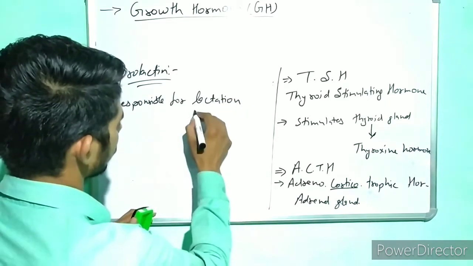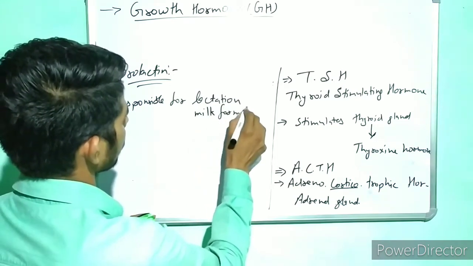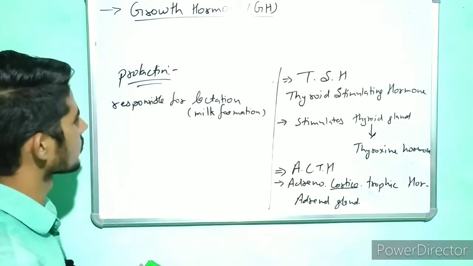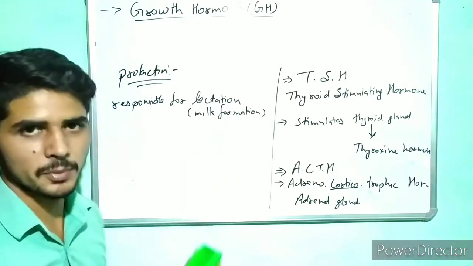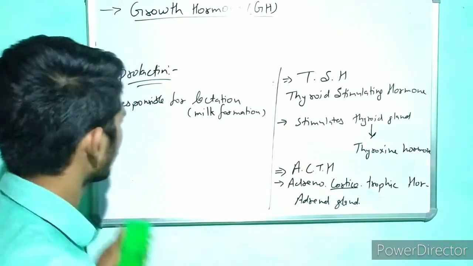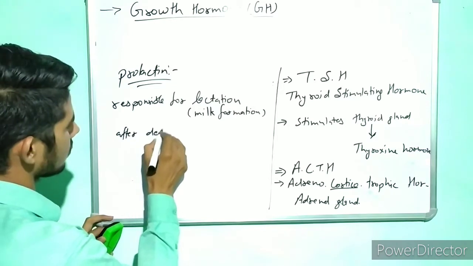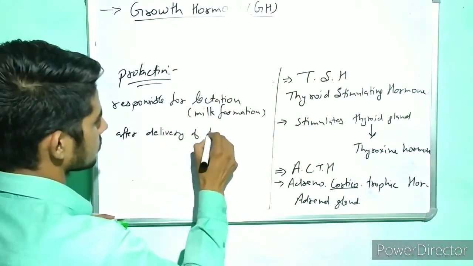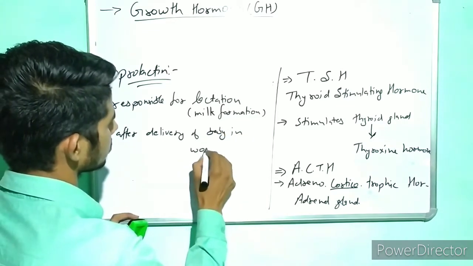Lactation means milk formation. So the prolactin hormone of the pituitary gland is responsible for the milk formation in the mammary glands or the breast after the delivery of a baby in women.